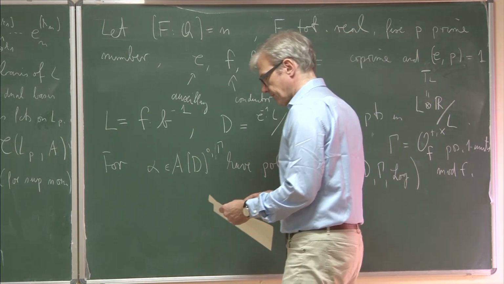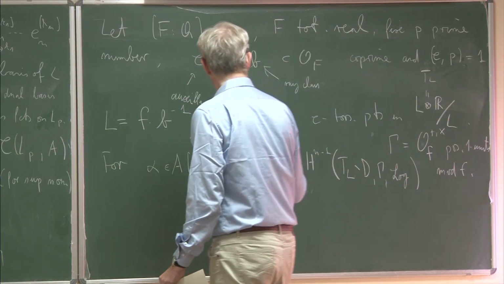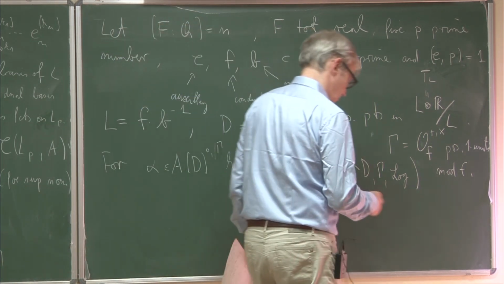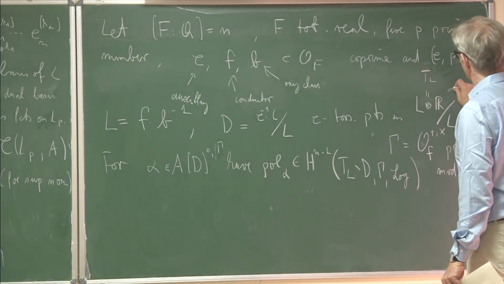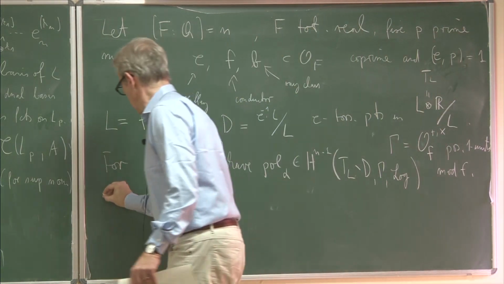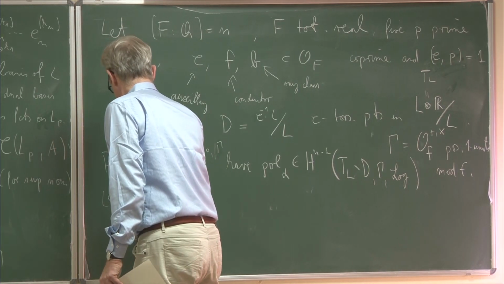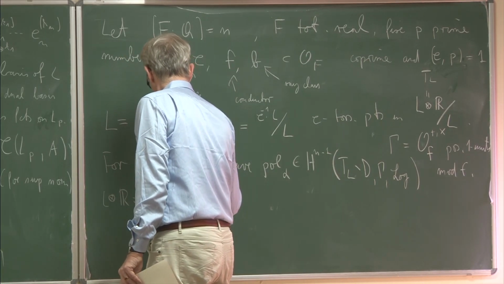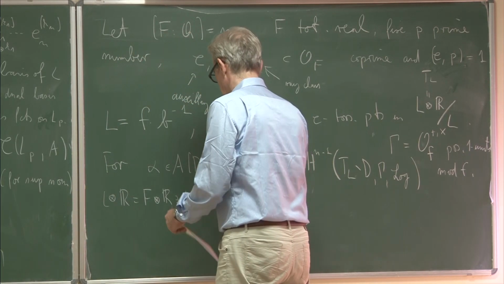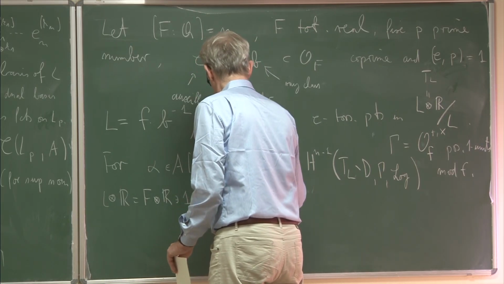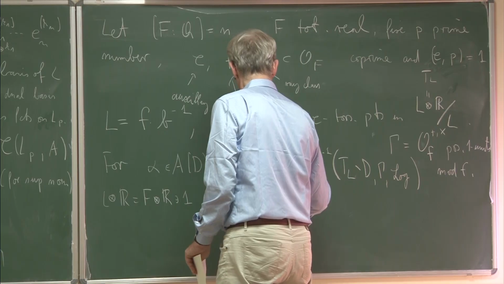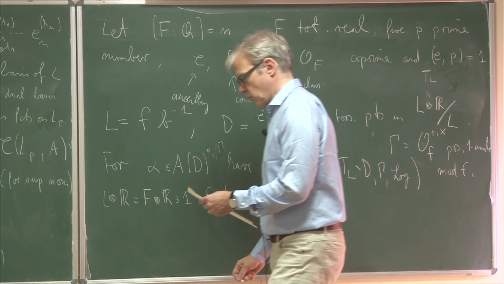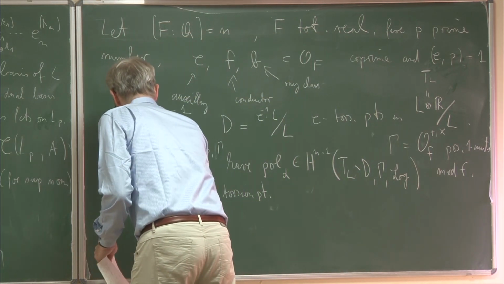And so if we now consider L tensor R, this is of course just F tensor R, a real vector space. So we have 1 in here, and that is an F torsion point. And we pull back this class along this F torsion point.